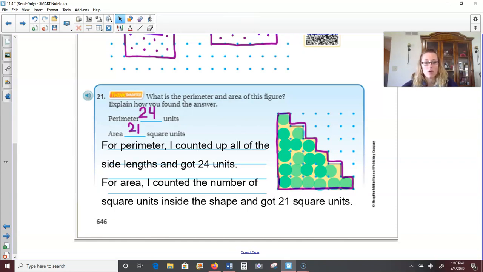Okay? So as long as we understand perimeter is adding up all of the sides and area is counting up all of the squares inside of the shape, then you, my friends, are in good shape for understanding perimeter and area.